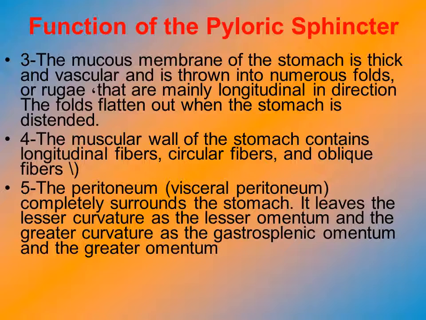The mucosal membrane of the stomach is thick and vascular and is thrown into numerous folds, which we call the rugae, that are longitudinal in direction. The folds flatten out when the stomach is distended. The muscle of the stomach contains longitudinal, circular and oblique fibers.